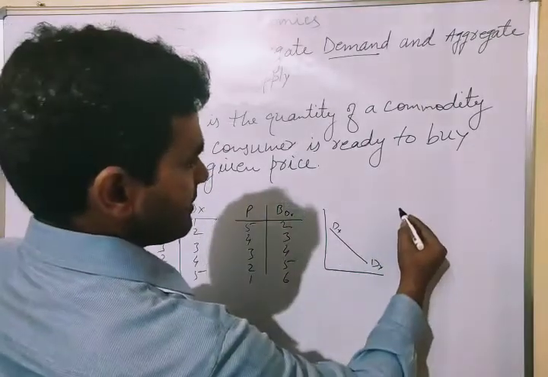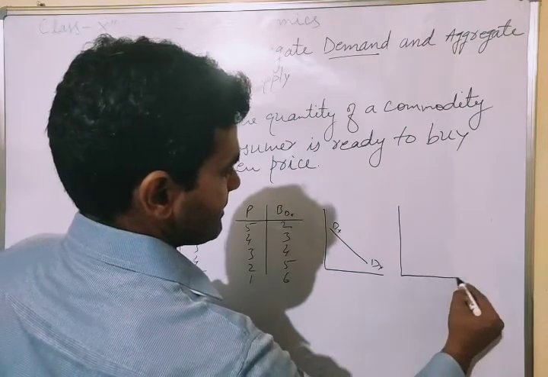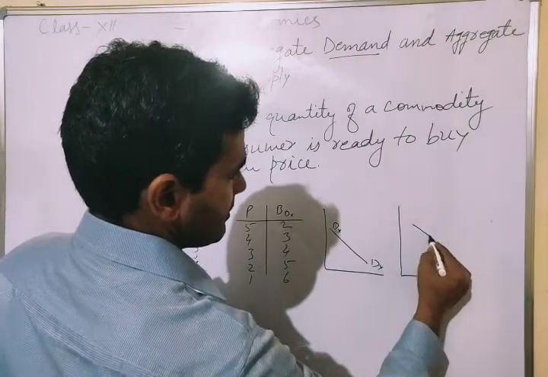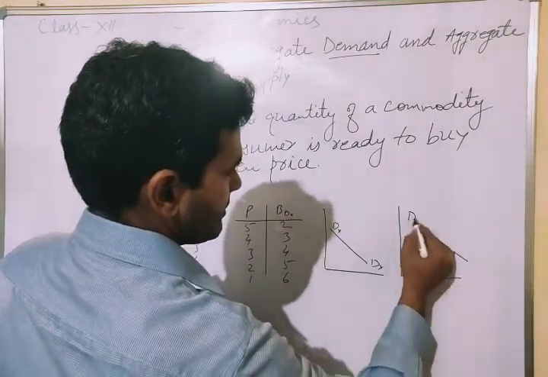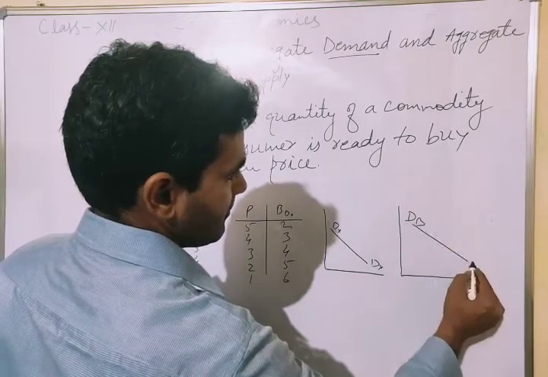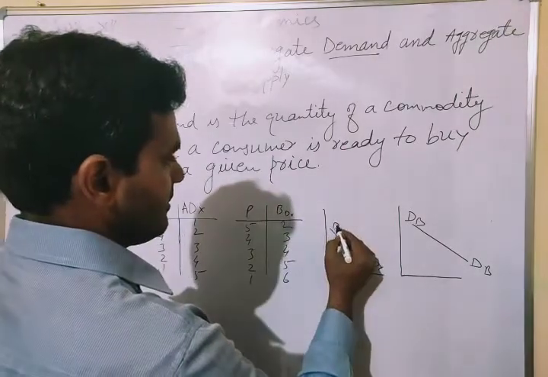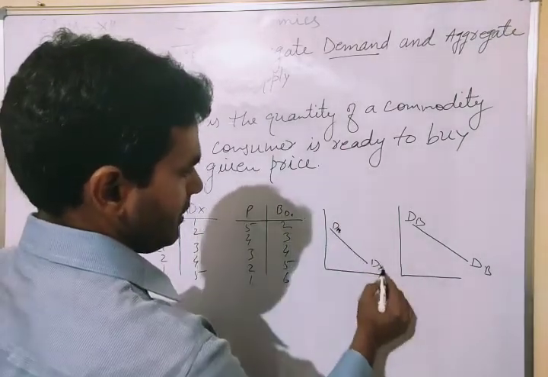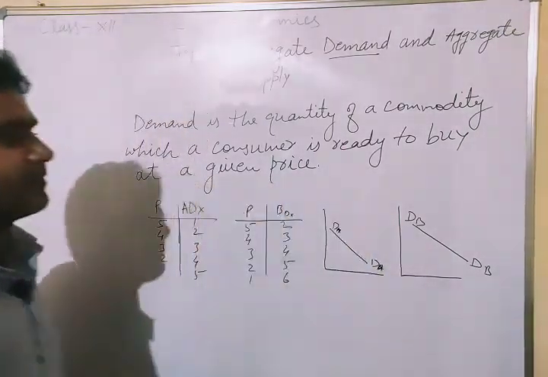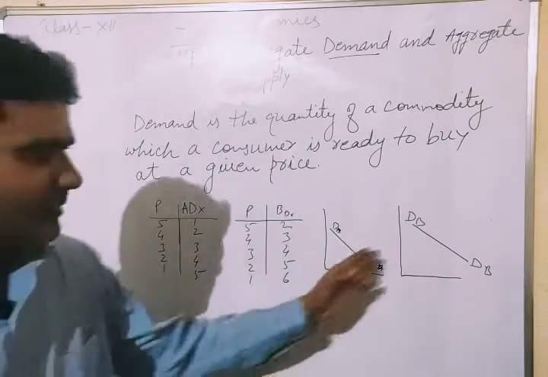So its demand curve will be like this. This is the demand curve for consumer B, and this is the demand curve for consumer A.